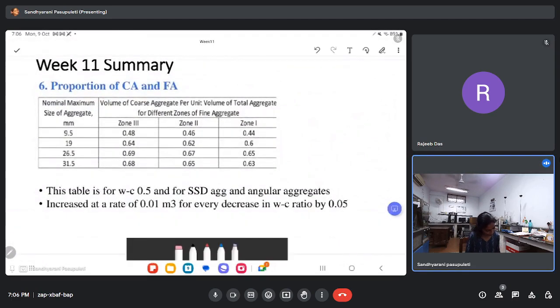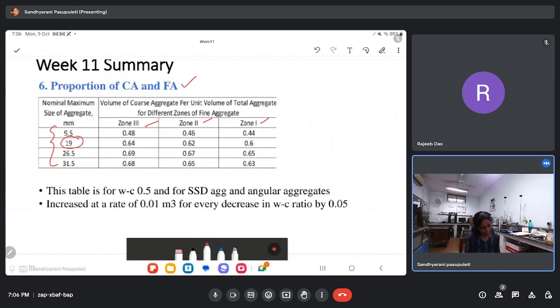So after obtaining the cement content and water cement ratio, the proportions of coarse aggregates and fine aggregates are a major thing. Let us say we have NMAS of 19, nominal maximum aggregate size of 19, and zones 1, 2, 3 are actually for fine aggregates. Zone 1 is a kind of coarser, zone 2 a little finer, zone 3 more finer.